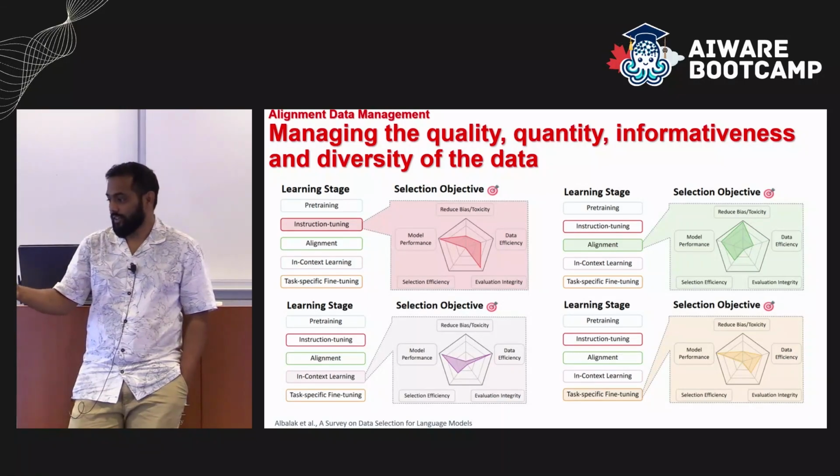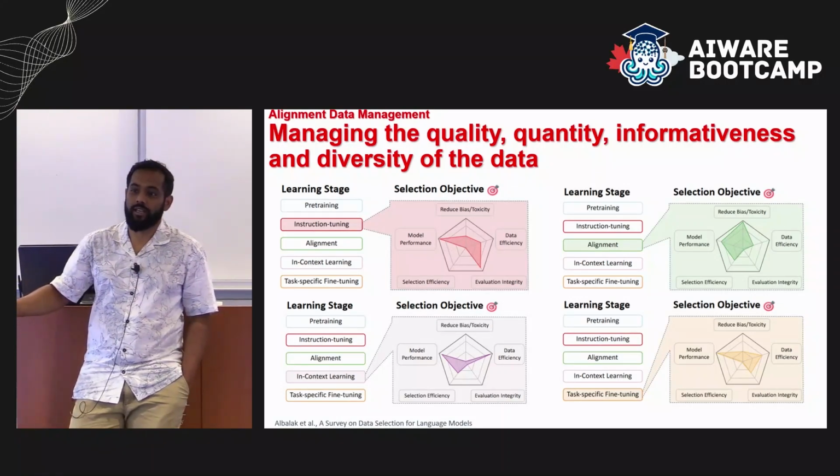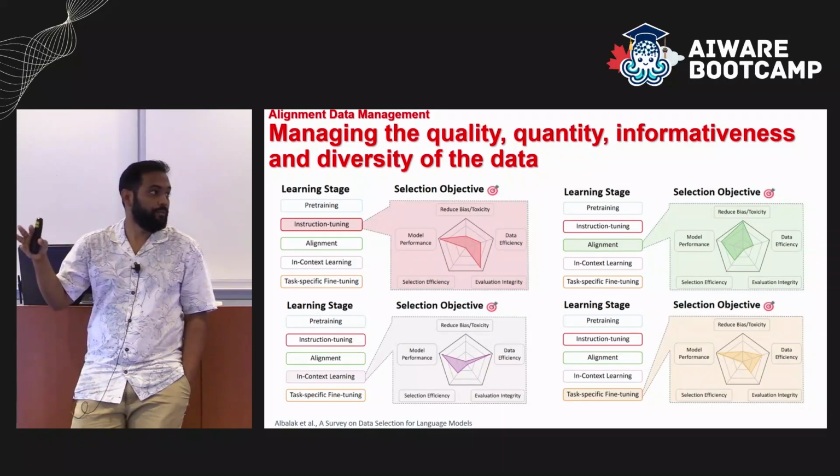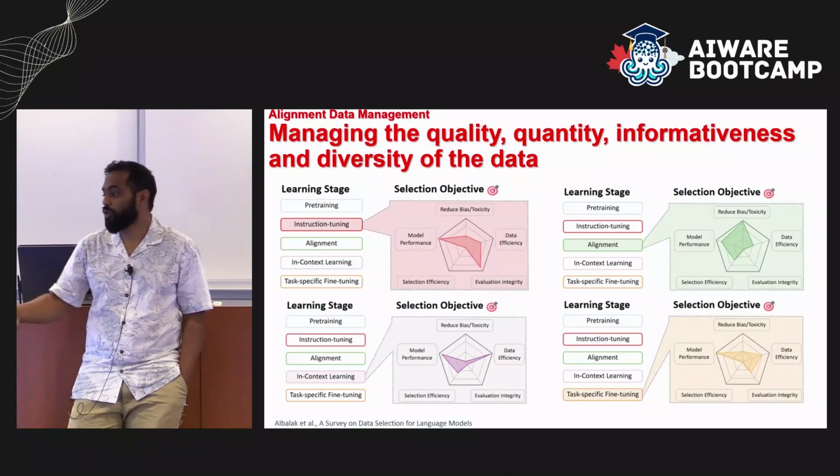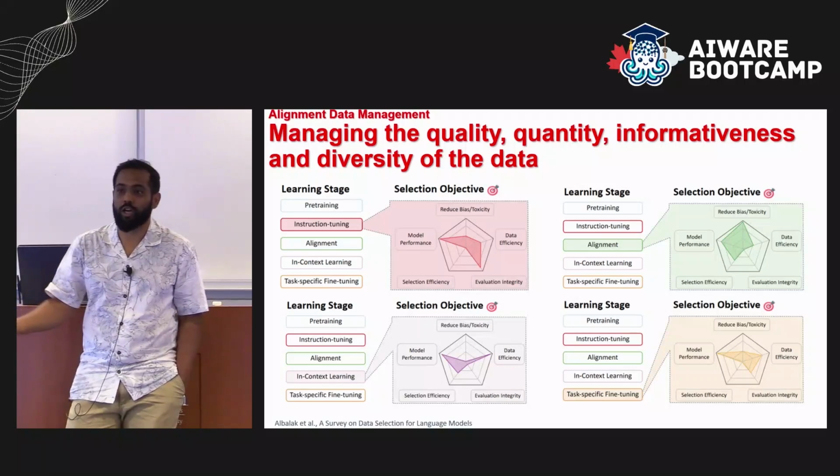If it's alignment data or preference tuning, there are different criteria that you want to optimize for. And I will talk about the different types of data in the foundation model pipeline tomorrow in my talk. So I won't go too much into this, but I will talk about this more tomorrow.